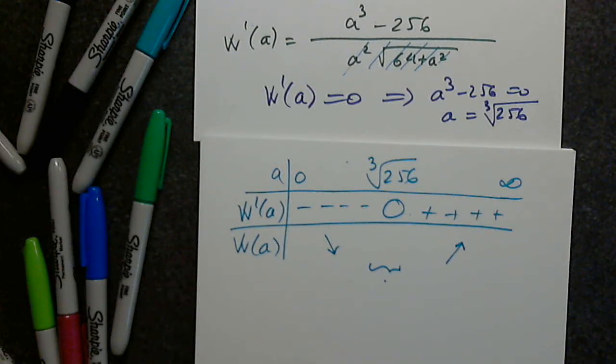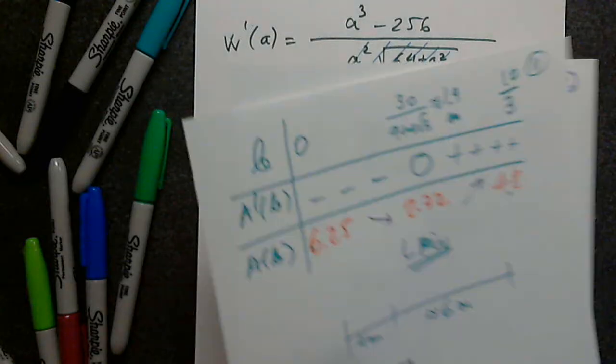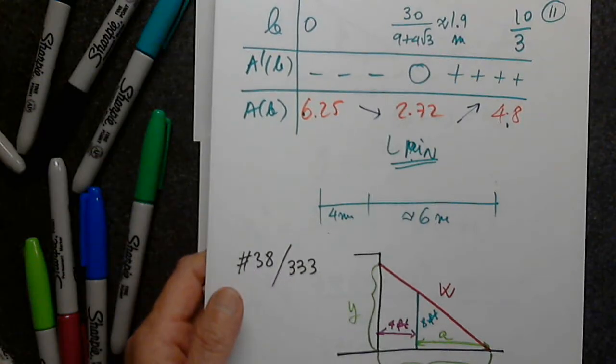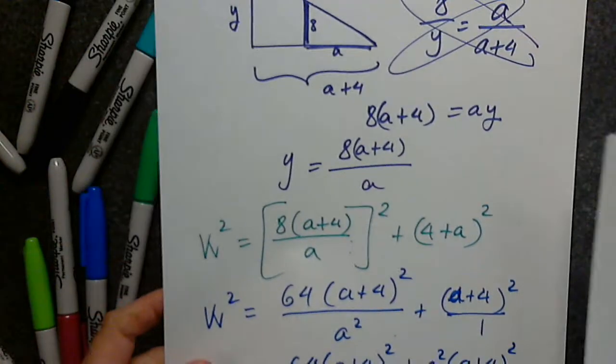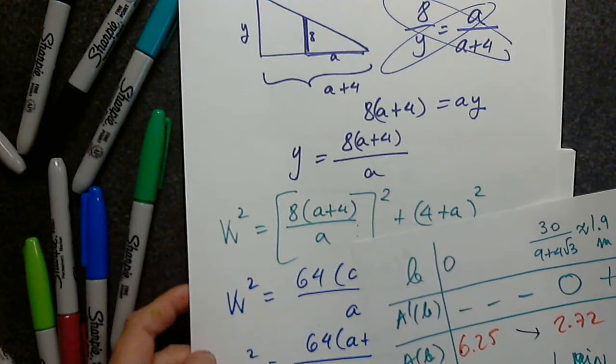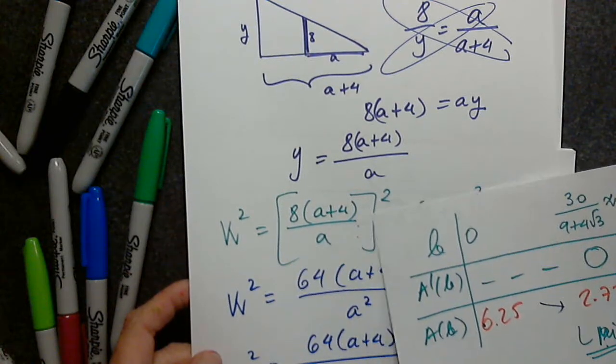Wait a second. Let me go back to my function. So the function is 64, a plus 4, over x squared, and plus 4 plus x, everything squared. But I put x squared, so I wrote 64, a plus 4 squared divided by x squared.